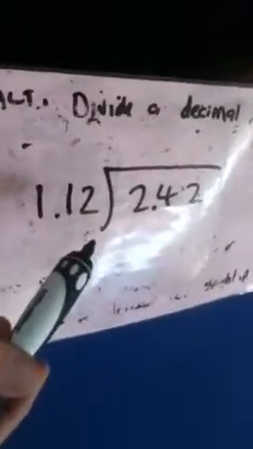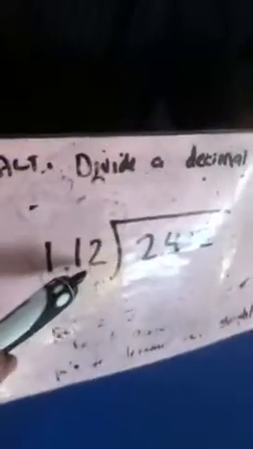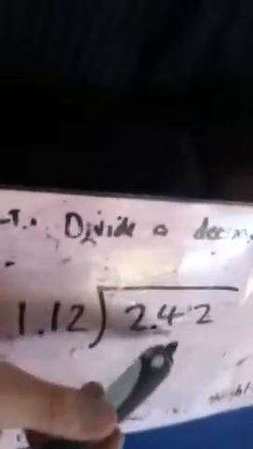Now before, we just moved the decimal point one place to the right. So if we did that with this number, what would happen to the divisor, Jacob? If we move that decimal point one place to the right, what number would that become? 11.2. Nick, do you agree? And if we move the decimal point here one place to the right, it becomes 24.2.